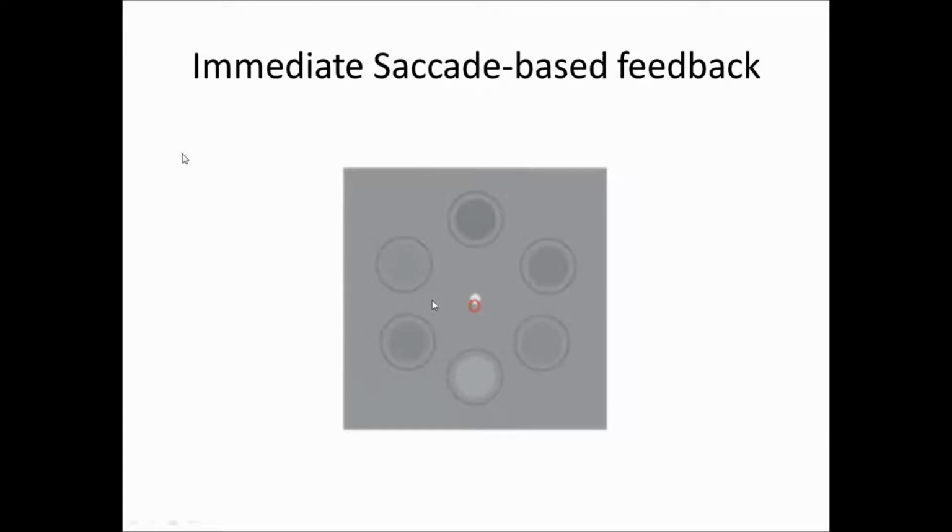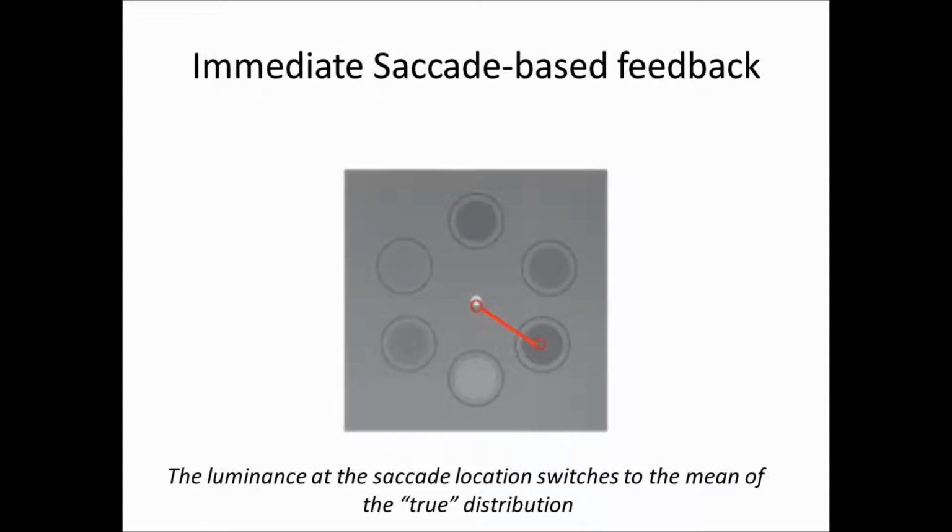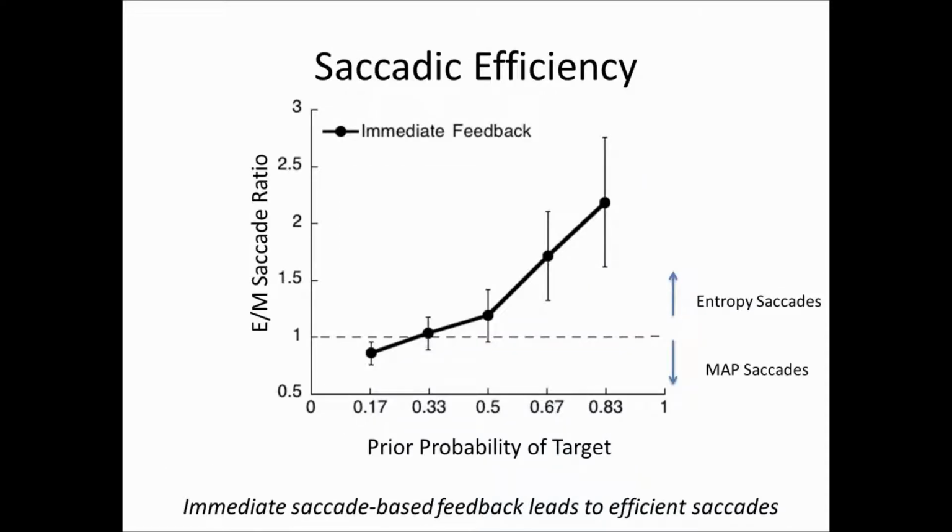And when their eyes went there, as soon as the saccade landed, we changed the value of that disk to the mean value of the distribution from which it came. So we gave them this artificial feedback. Here we were just checking to see if you got this immediate saccade-based feedback, would it make your saccades more efficient?